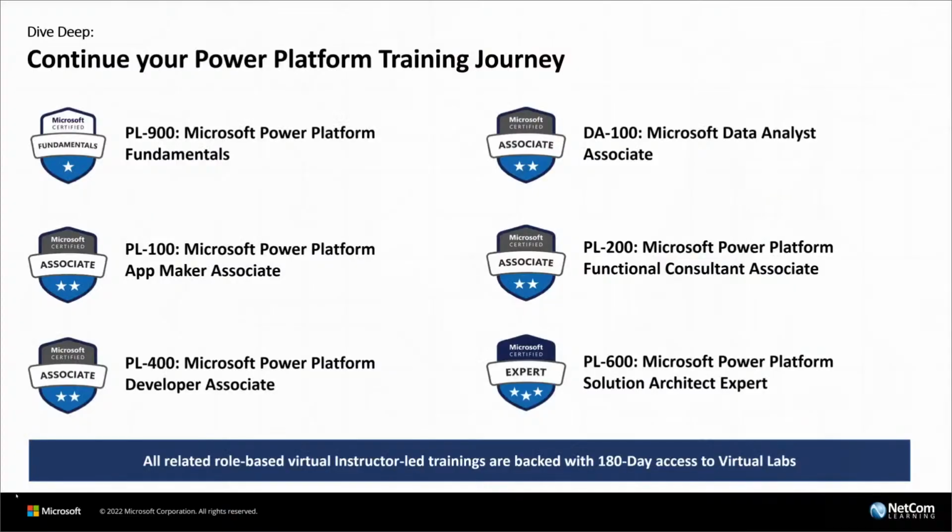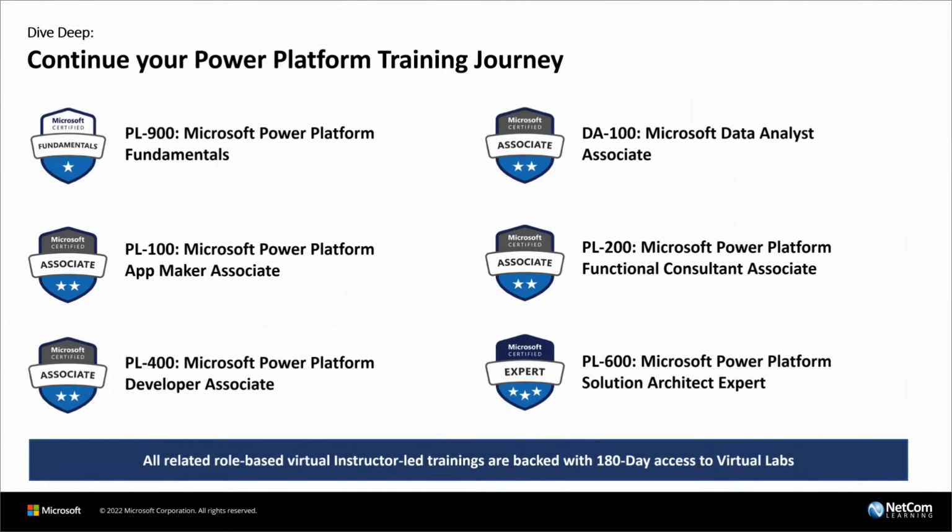So as we said, today was a 20,000-foot view of all of the information. But there are some very good deep dive courses that Microsoft has created to learn all this information. The PL 900 course is the fundamentals course. This is the how does it work and how do I make it do things at a very high level.